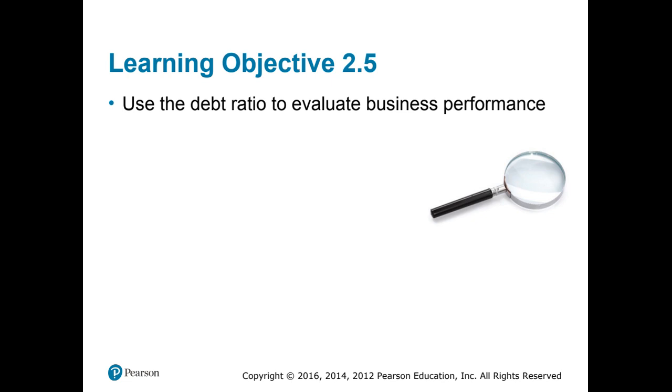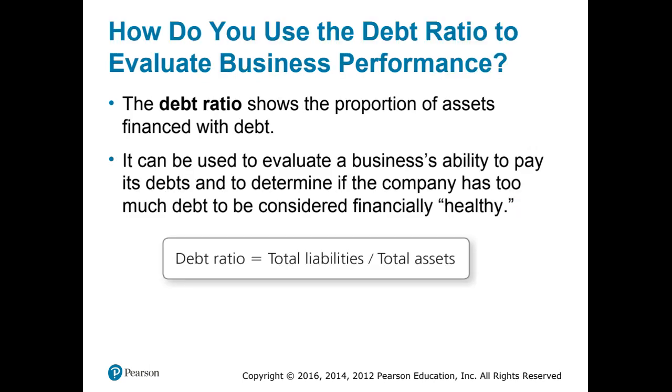All right, and then use the debt ratio to evaluate business performance. This is also part of your assessment. Pay attention. The debt ratio shows the proportion of assets that are financed with debt. It can be used to evaluate a business's ability to pay its debts and to determine if the company has too much debt to be considered financially healthy.